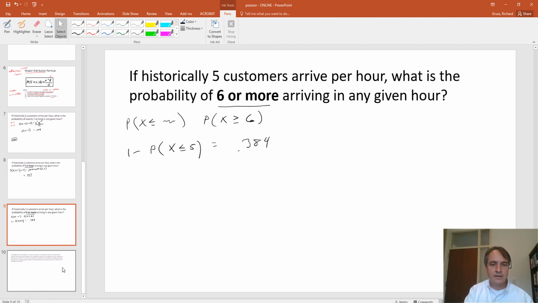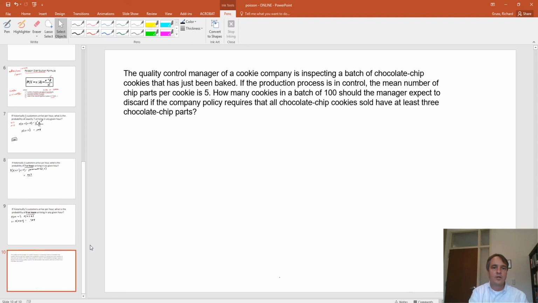Let's take a look at a slightly different problem. Instead of looking at number of events per unit of time, we're going to look at a problem from the homework that looks at a certain number of events per unit of space. The quality control manager of a cookie company is expecting a batch of chocolate chip cookies that has just been baked.